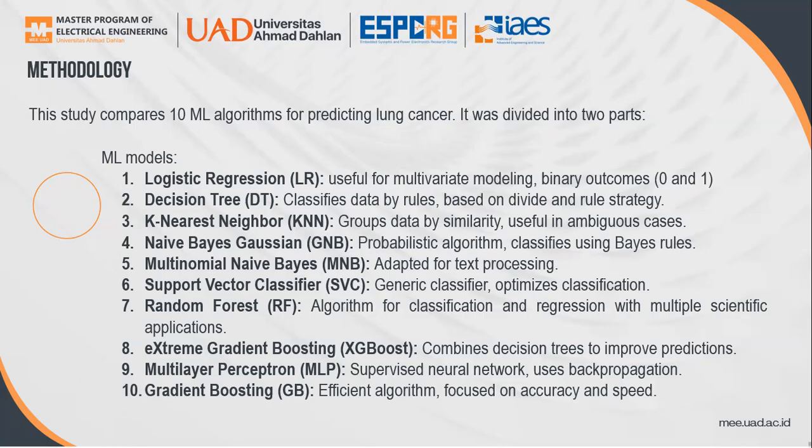Decision tree, classifies data by rules based on a divide and conquer strategy. K-neighbors, groups data by similarity, useful in ambiguous cases. Gaussian Naive Bayes, a probabilistic algorithm that classifies using Bayes' rule. Multinomial Naive Bayes, adapted for text processing.